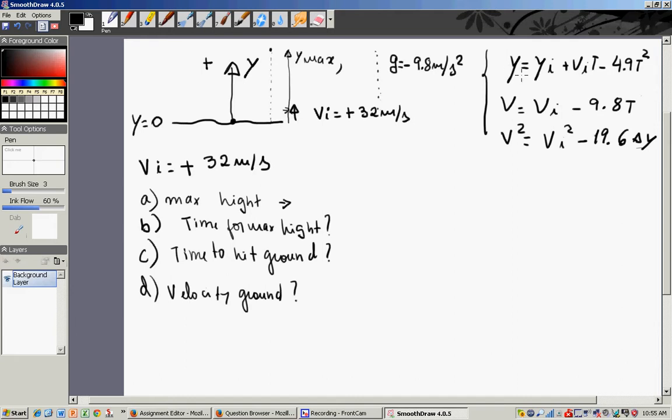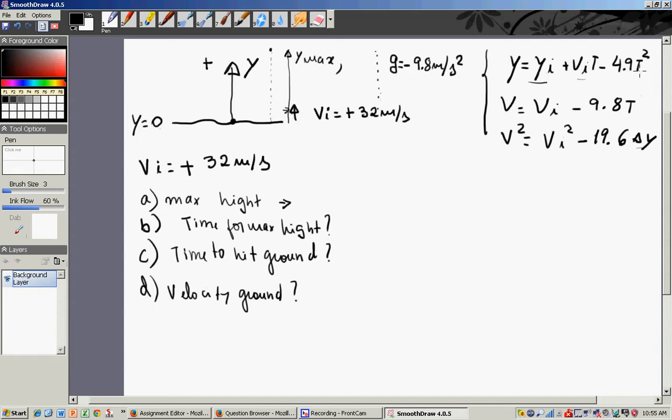so if I want to find the maximum height, what is the best equation to use? Well, what do I know? I want to find y max. My initial position, where the ball or the rock is thrown, is y equals 0.